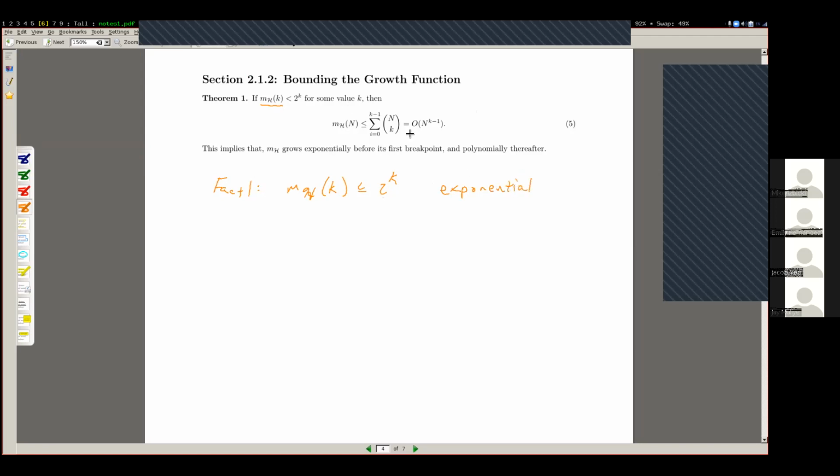The intuition behind this theorem is that if, for whatever reason, we're not at this worst case and the growth function is less than 2 to the K for some value of K, then for every value greater than K, we must be polynomial. So we can never be somewhere between polynomial and exponential.